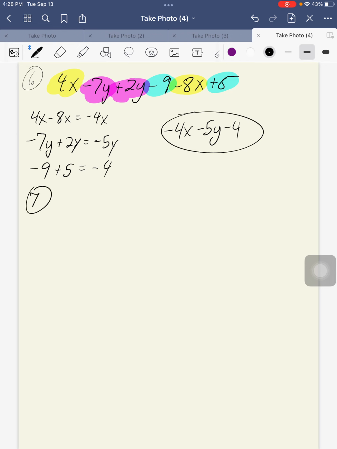That's 6. Number 7. To be like terms with 7x squared y, we need to have the exact same variables, and the exponent has to be on the x squared. So the 1 y x squared looks pretty ugly.